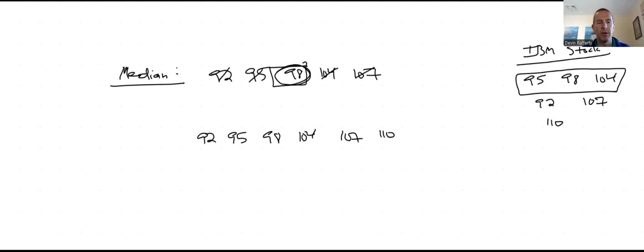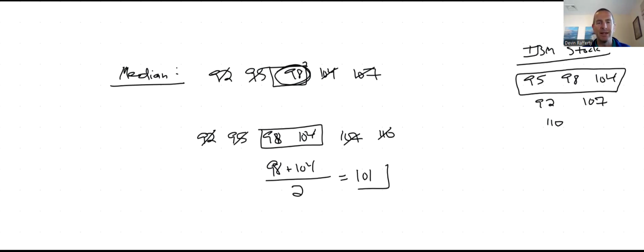Okay, so let's do the middle number. Okay, so 1, 1, 1, 1. Wait a minute. There's two middle numbers. How do we get the middle number from these two? It's very easy, right? You just do 98 plus 104 divided by 2, and that would give us 101. 101 would be your median from this data set. I just added in 110.